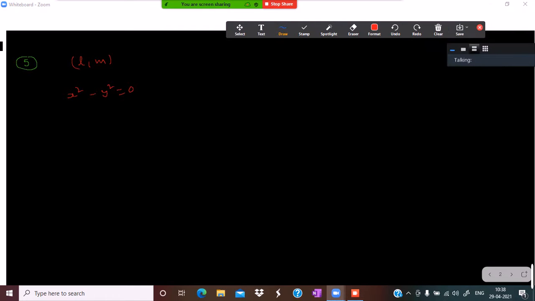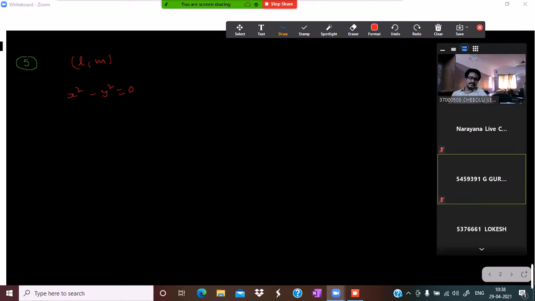The product of perpendiculars from L comma M to the pair of lines x square minus y square is equal to 0.